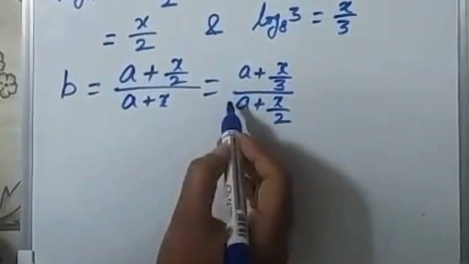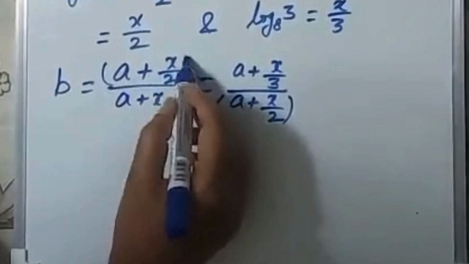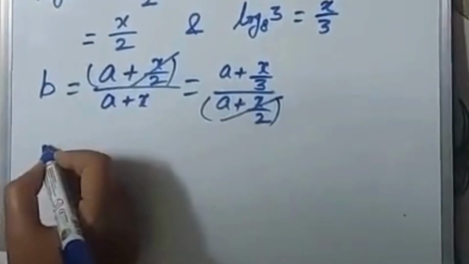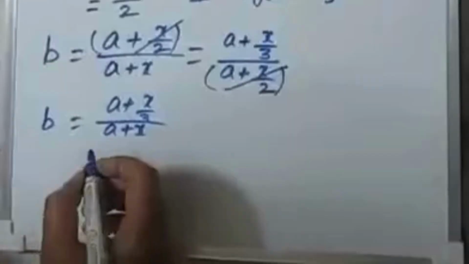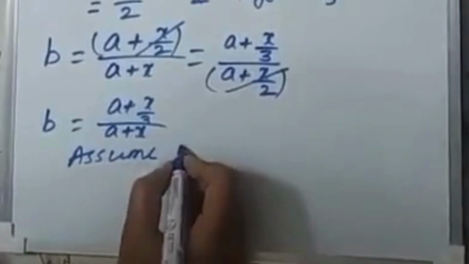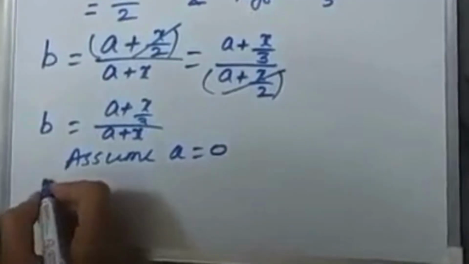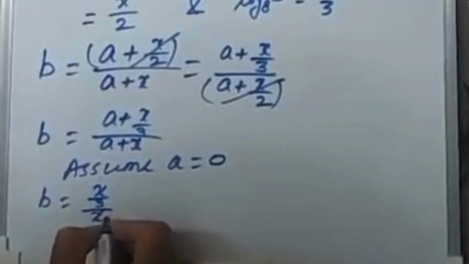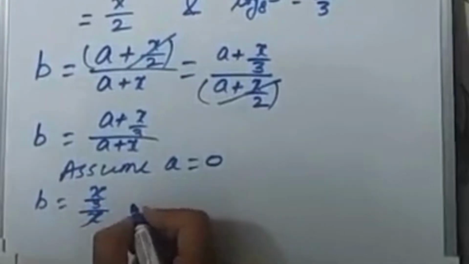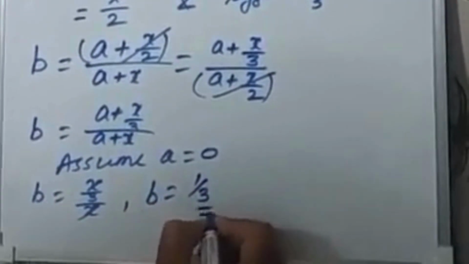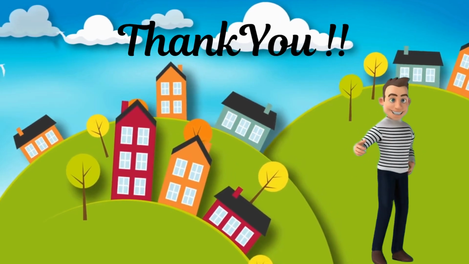Now as we can see, these are like terms on opposite sides, so we can cancel them off. So what we will get? B equals, let us assume A equals 0. Then B equals x by 3 by x. So these x will be cancelled off and we will get B equals 1 by 3. The answer is 1 by 3. Thank you, children.